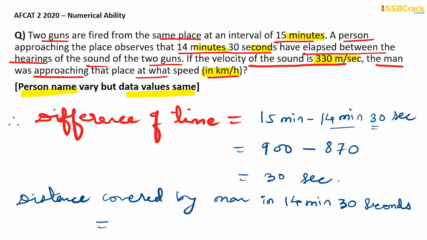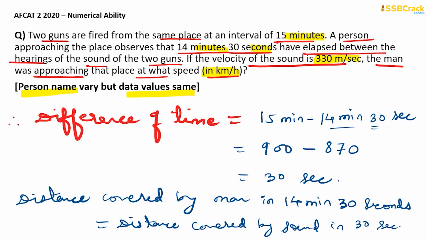This will be nothing but the distance covered by sound, because at this particular moment the man has heard the gun firing. So the distance covered by the man in 14 minutes 30 seconds will be the same as the distance covered by sound in the difference of about 30 seconds.